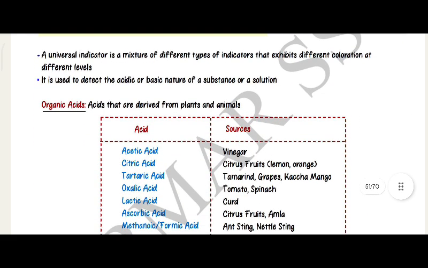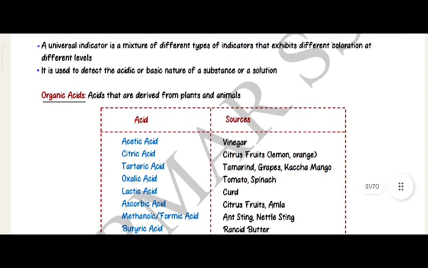A universal indicator is a mixture of different types of indicators that exhibits different coloration at different levels. It is useful to detect the acidic or basic nature of a substance or a solution.